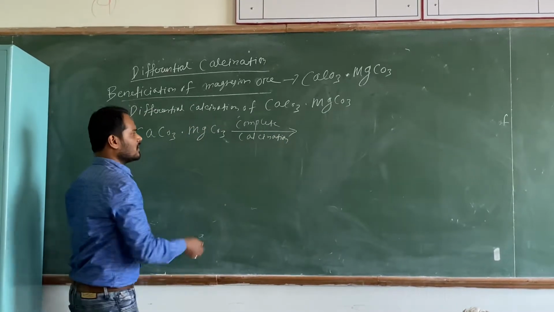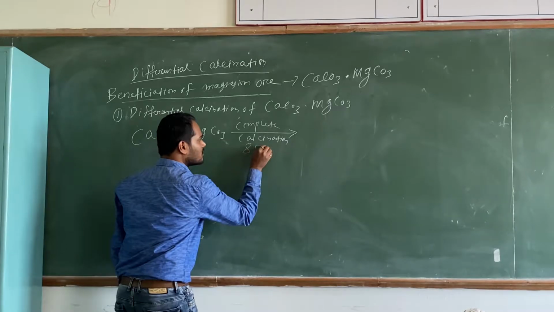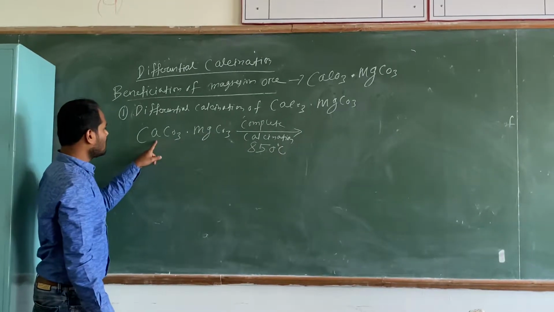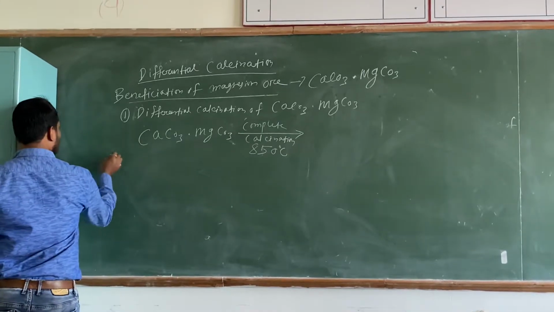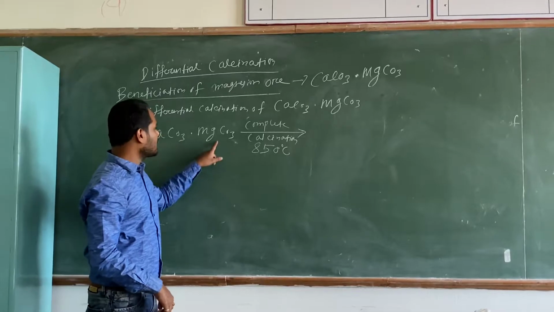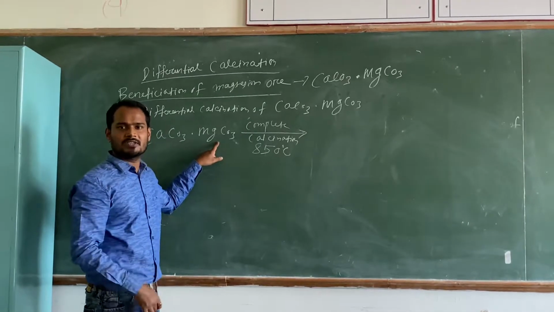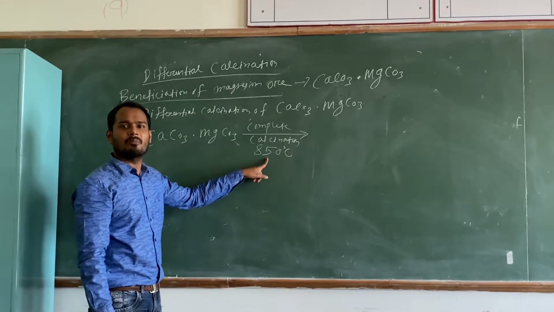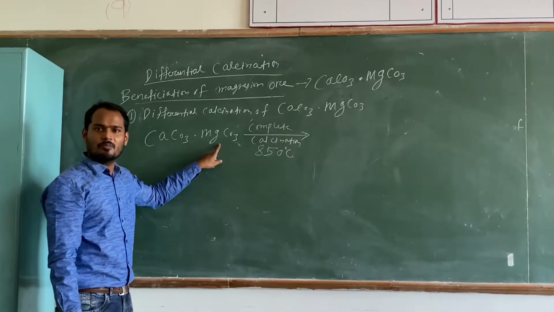Complete calcination means I am doing calcination at 850 degrees centigrade, right? But remember, calcium carbonate will decompose at 850, but magnesium carbonate will decompose at a very low temperature, only 470. Now the temperature is very high. What will happen? This will decompose, this will decompose.